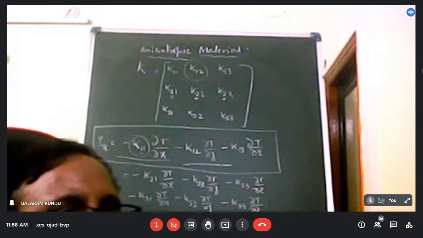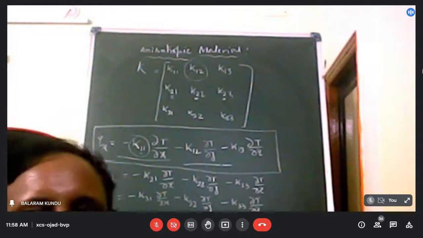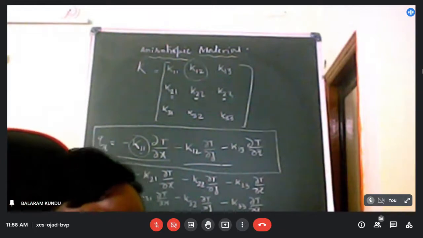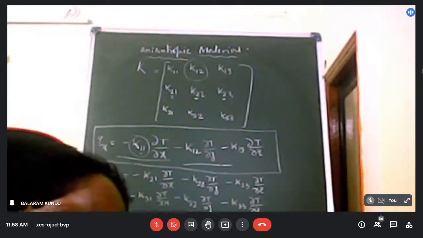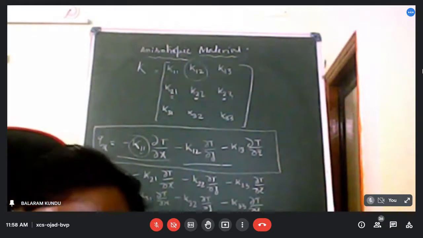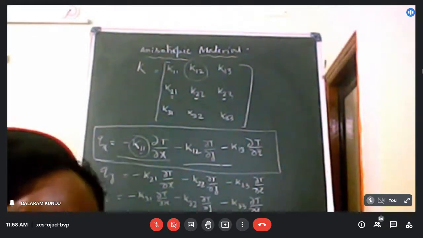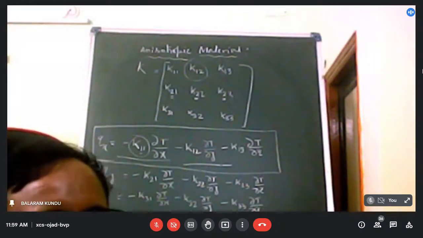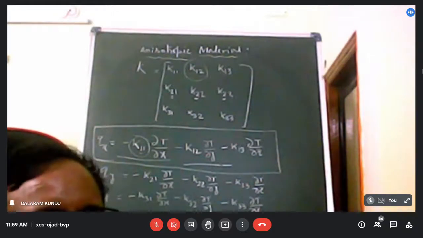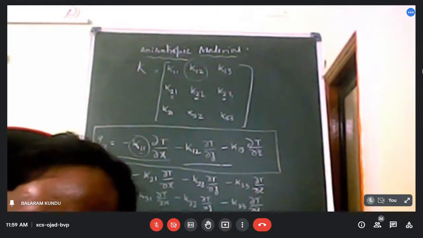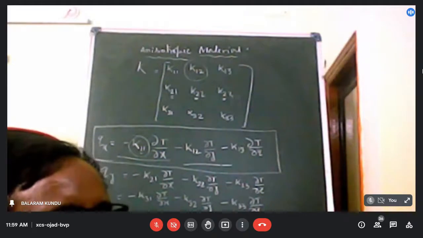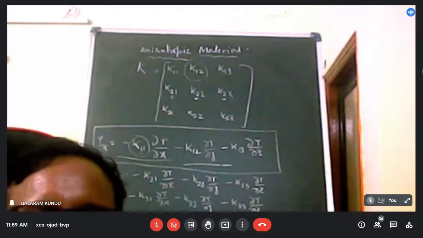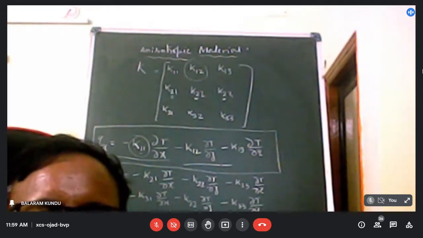So if heat transfer takes place from higher temperature to lower temperature, your temperature gradient is negative. So here del T del X or del T del Y, del T del Z, all are negative quantity. So in order to obtain the positive value of heat flux or positive value of heat transfer rate, negative symbol is necessary, because heat transfer takes place in a decreasing temperature, and temperature gradient in the x direction is negative.